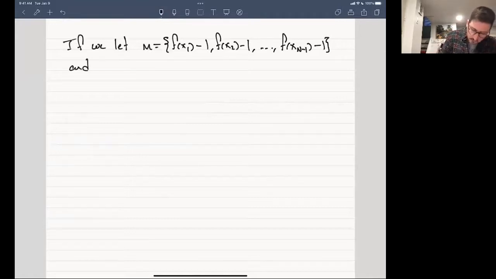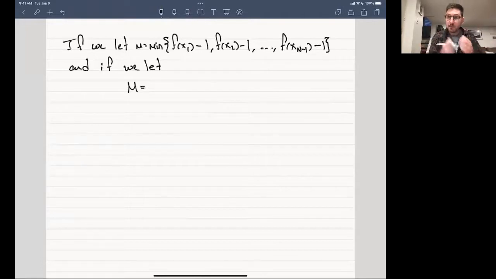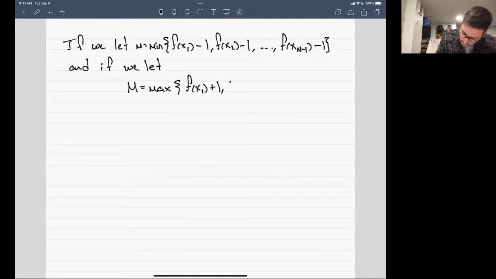Pardon me, m equal to the minimum. So the minimum over capital N minus 1 terms, there's only finitely many of them, so there's got to be a smallest element. And similarly, you take the maximum here of all of those, but with a plus 1.